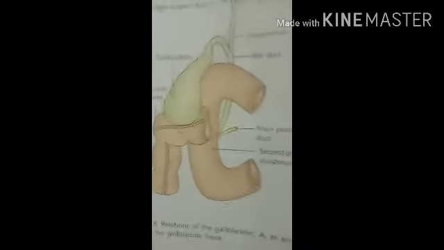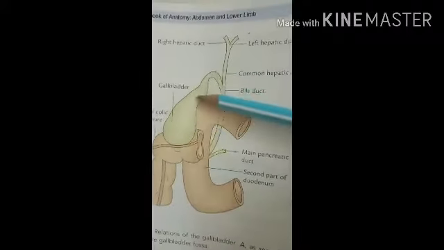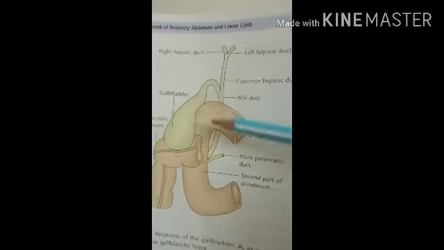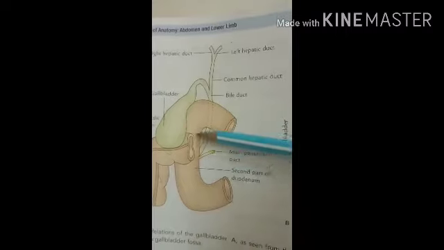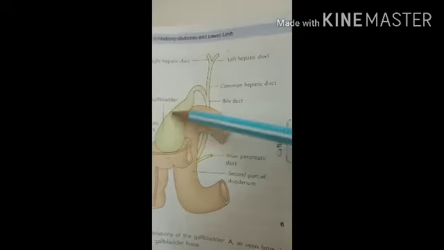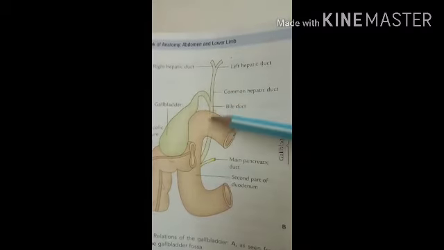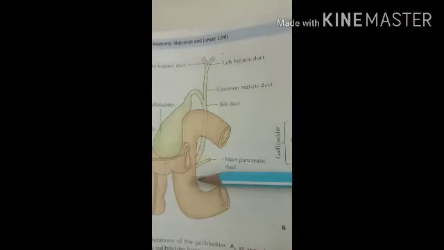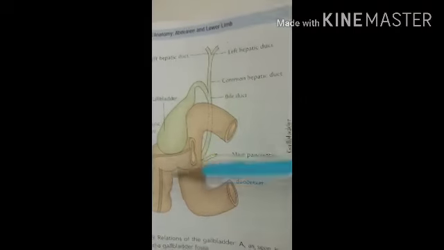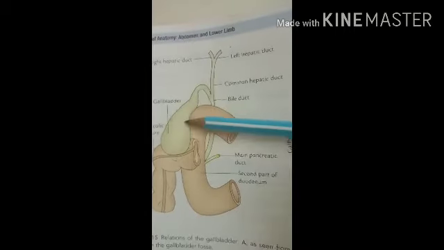So here in this diagram you can see the storage of the bile, and whenever fatty food is present in the duodenum, the gallbladder contracts and pours the bile, and through the bile duct it enters the second part of the duodenum. Then second one, that is the absorption of water and concentration of the bile.